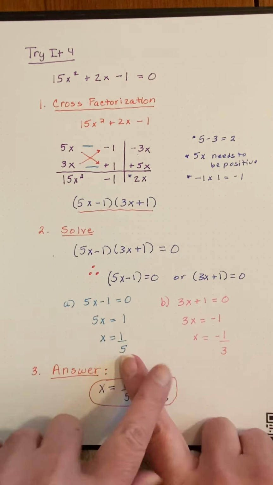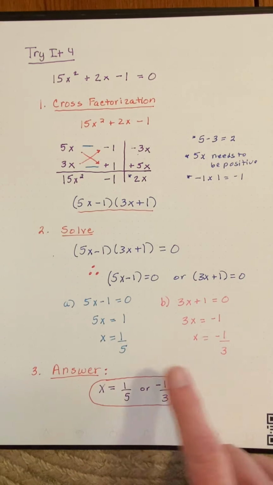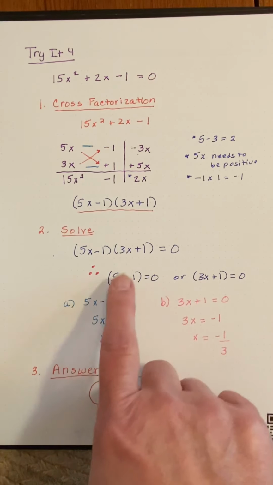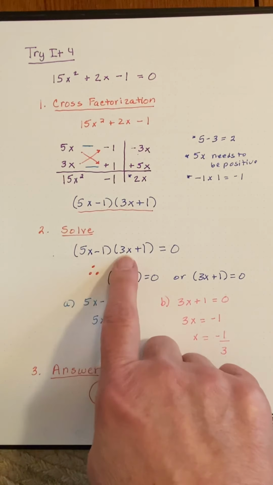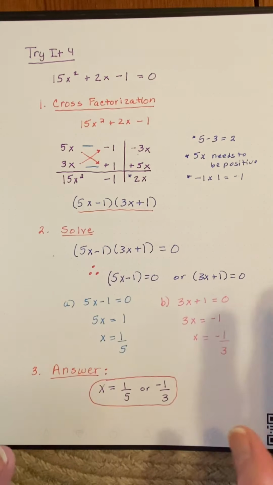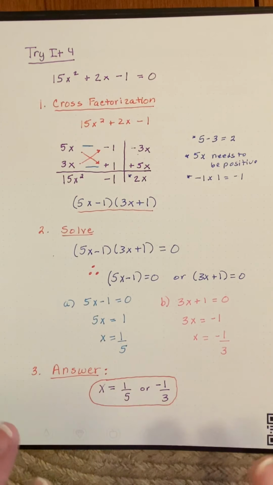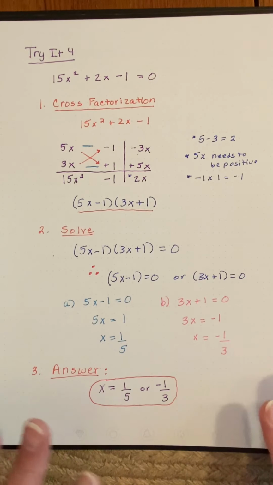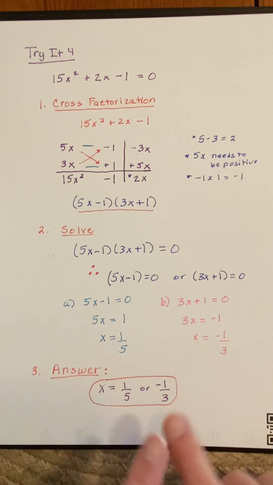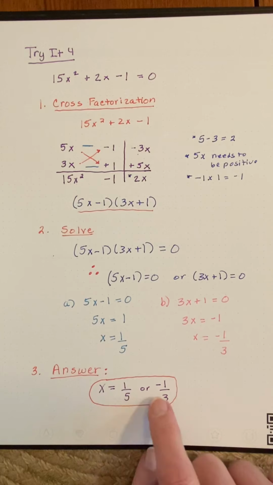Now let's say you flip these, that's okay. It doesn't matter if you ended up with 3x plus 1 times 5x minus 1, because we have that associative property of multiplication, so it can be flipped. However, you need one or the other.